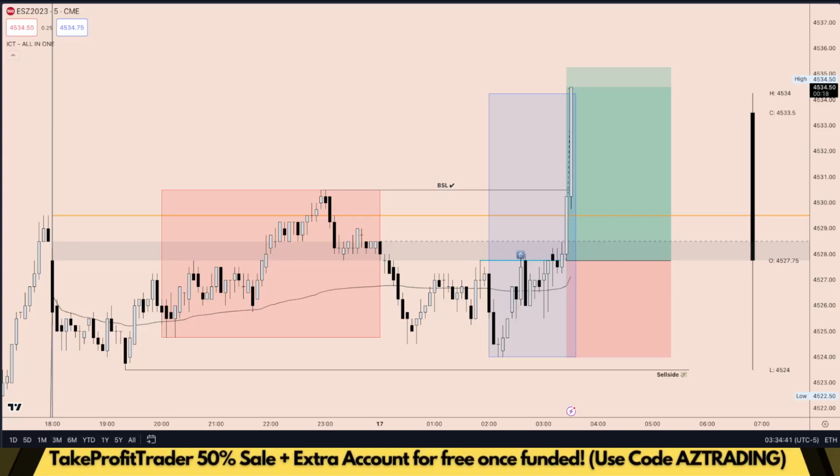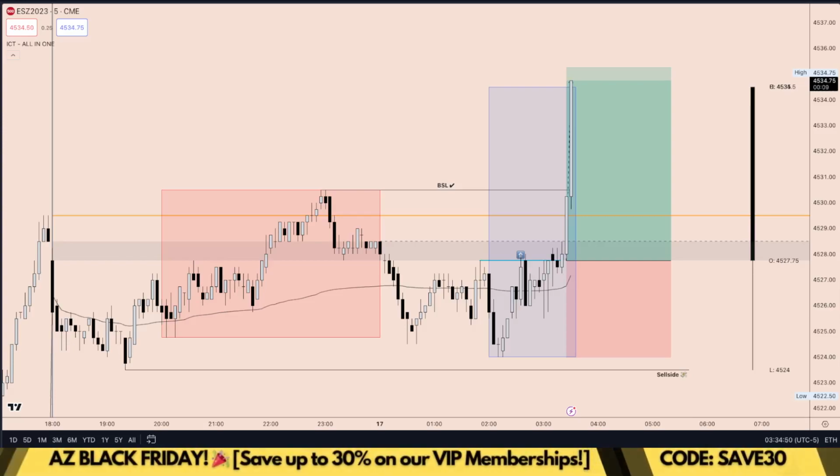Still nice to see the setup play out. I'm really not interested in much more today. We already expanded a tiny bit. I guess, well, maybe a funded account entry could have been possible.